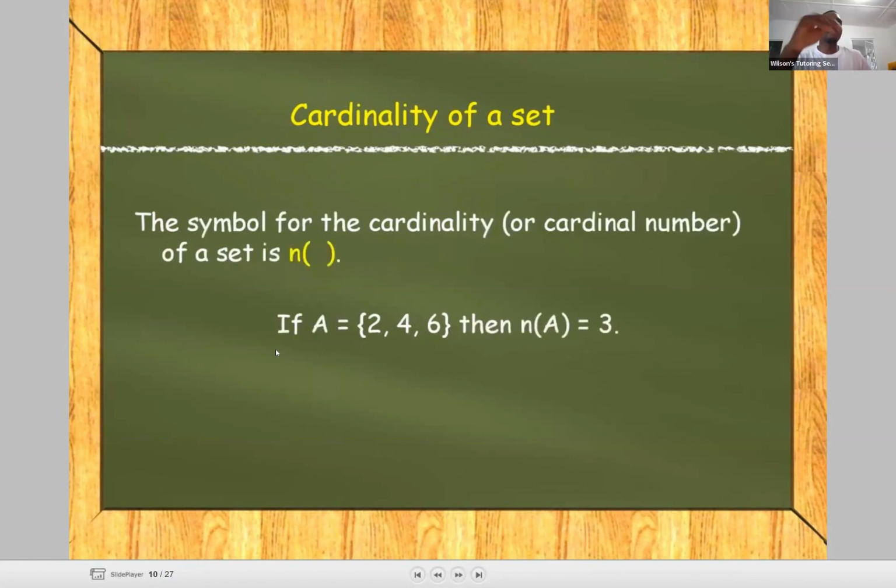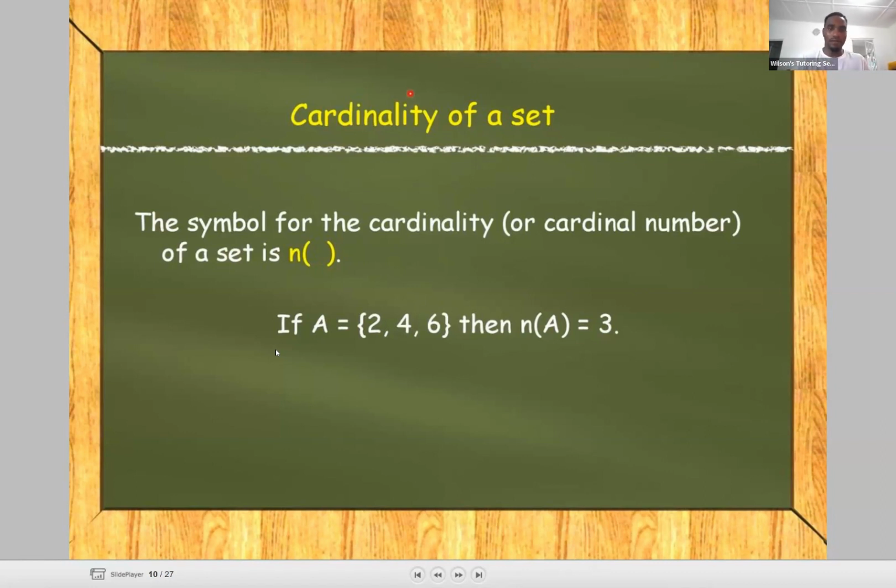Now, when representing the cardinality of a set, you have to use the following symbol. I'm going to use my spotlight to circle it. So right here, the n, you open your brackets or parentheses, and then you place the name of the set within those parentheses, followed by an equal sign that will tell you the number of elements within that set.